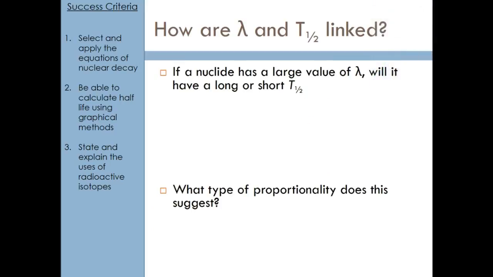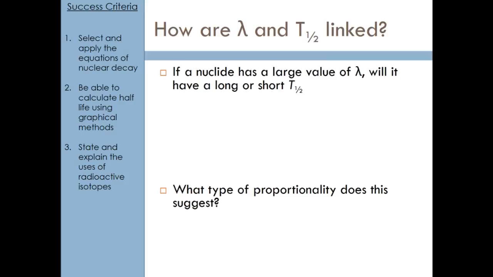So if a nuclide has a large decay constant, is it going to have a long or short half-life? And once you've got the answer to that, you can have a little think about what type of proportionality that suggests. So if we've got a big decay constant, that means that we've got a large probability that any given nucleus will decay per second. There's a high probability it'll decay in a given second, then it's going to have a short half-life, isn't it?